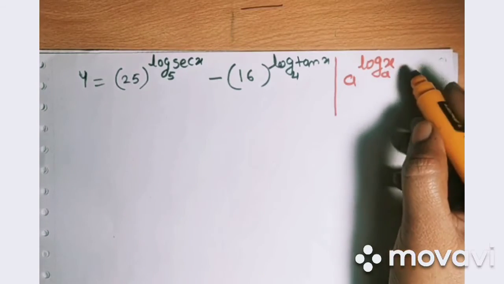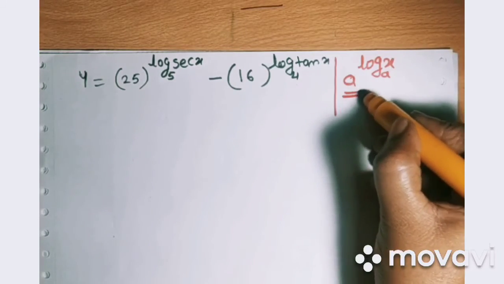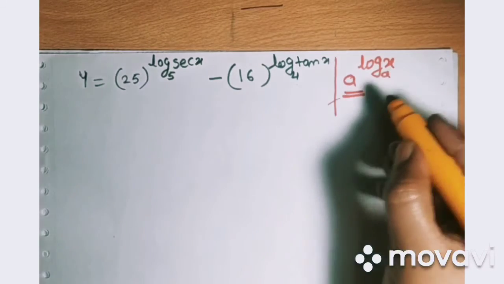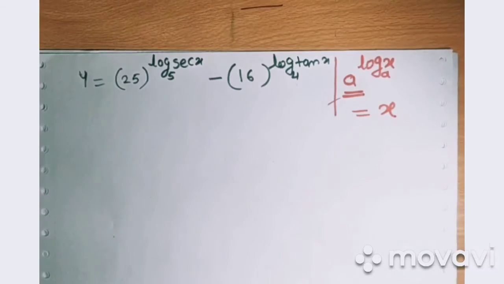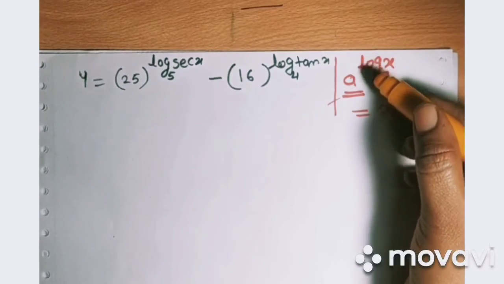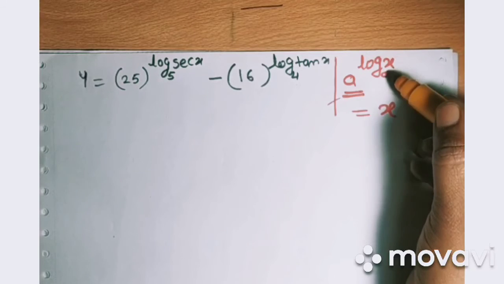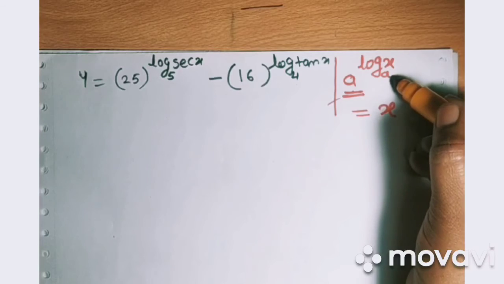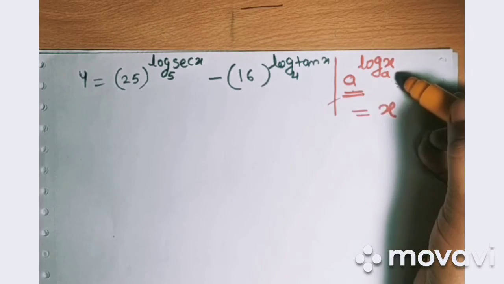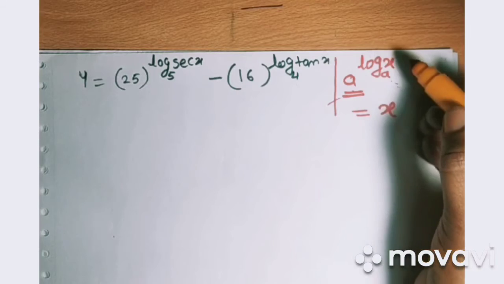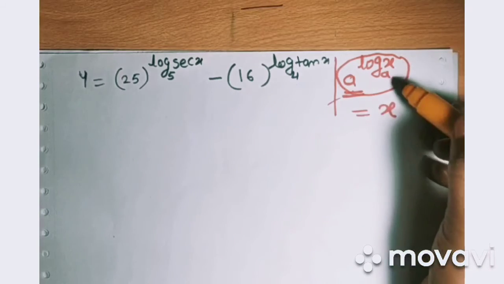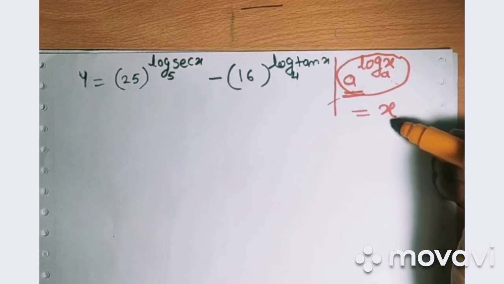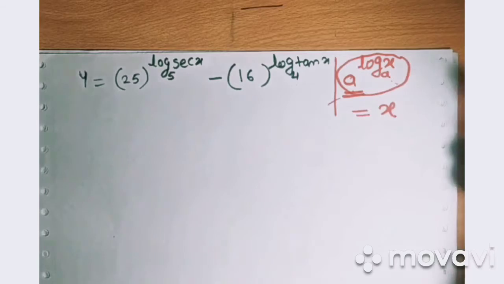Whenever the base of this term and the base of the logarithm are the same, the value of this type of expression becomes x.